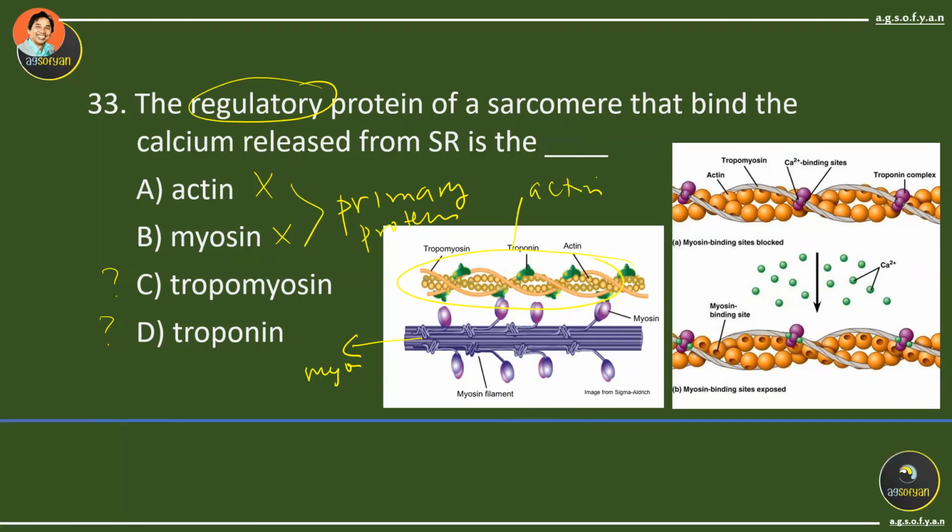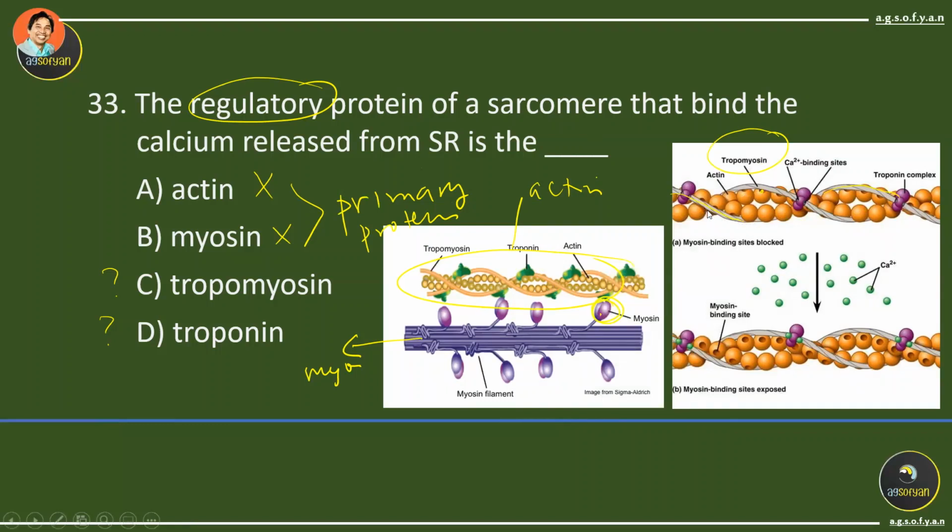So actin actually has two other regulatory proteins on it, the first of which is tropomyosin. It's a long protein that covers the binding site of the myosin head. So in order to contract, the myosin head has to bind to the binding site on the actin.